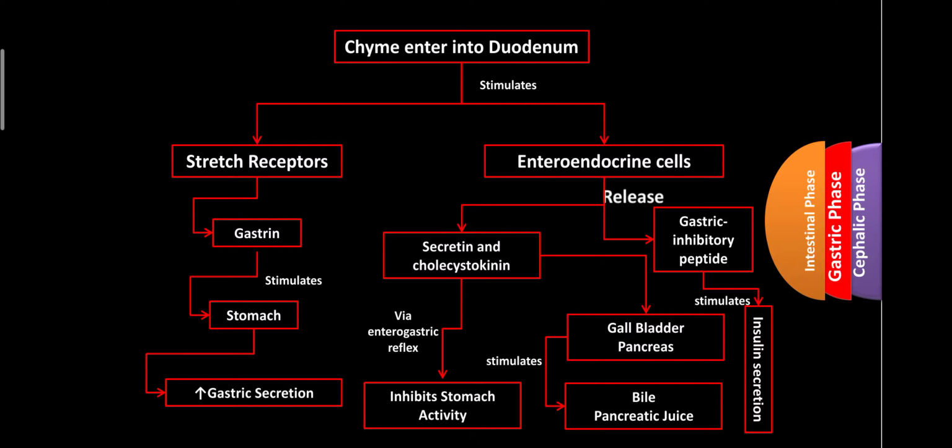Like that, the intestinal phase is involved in the regulation of gastric secretion. So these three phases, cephalic phase, gastric phase, and intestinal phase, are involved in the regulation of gastric secretion in our body. Thank you, dear students.